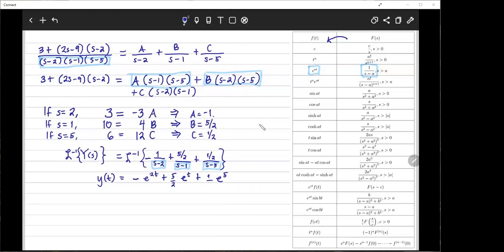Okay, 1/2 ito dapat. So 1/2 e raised to 5t. So ito na ngayon yung ating solution.